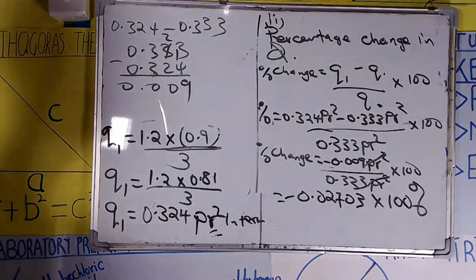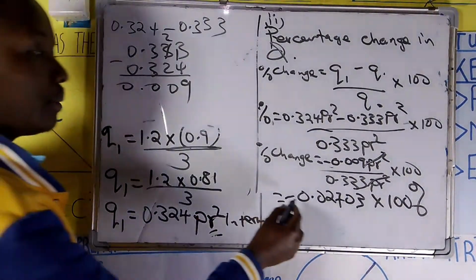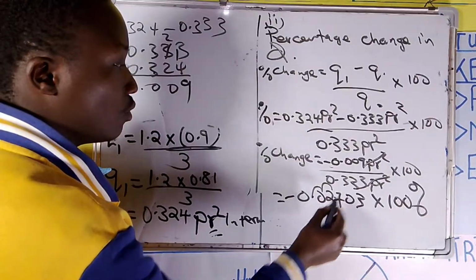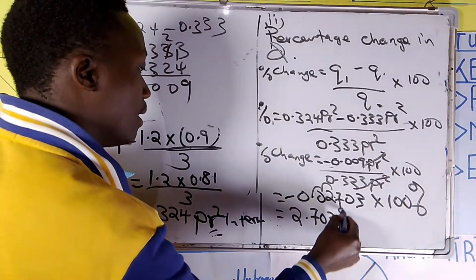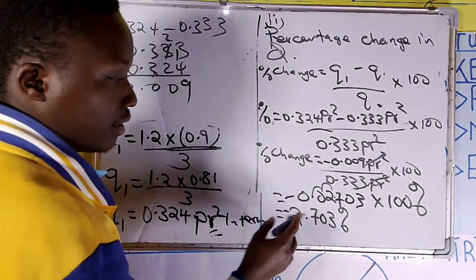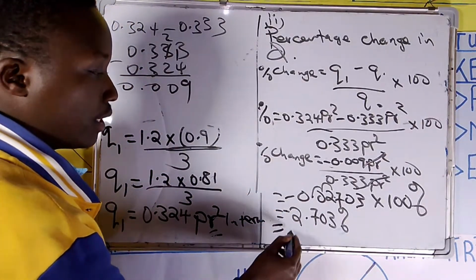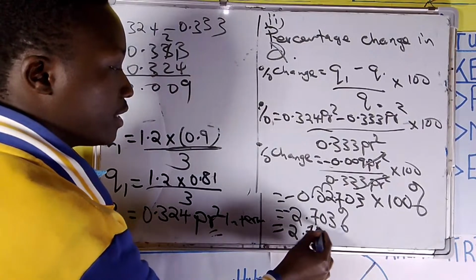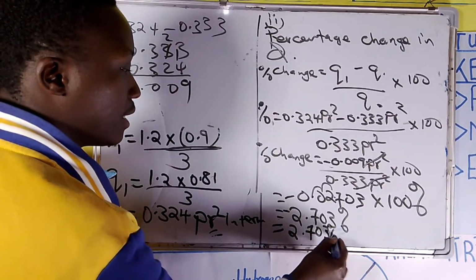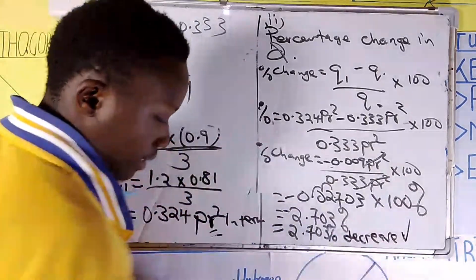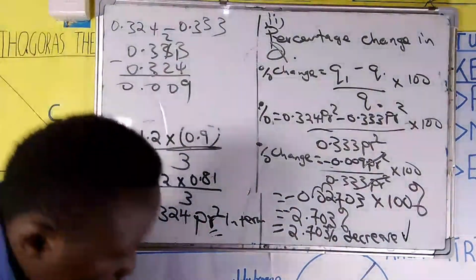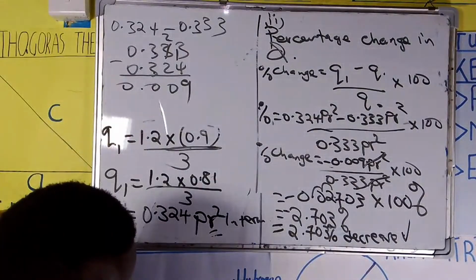So when we multiply by 100 it will be 2.703%. It's a negative, so when you see negative you know it is a 2.703% decrease. Percent decrease.